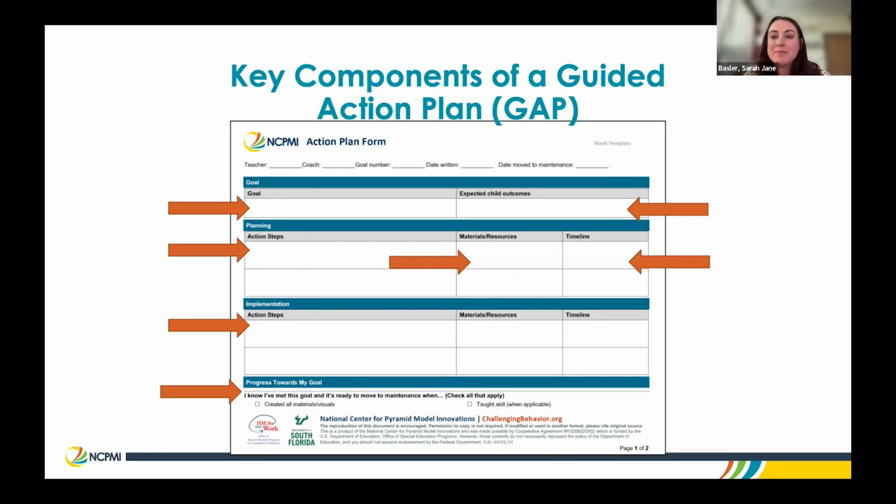This was just to illustrate the different parts of the guided action plan. And I will say that there are definitely times when I use this blank one because there's not one that's already created.